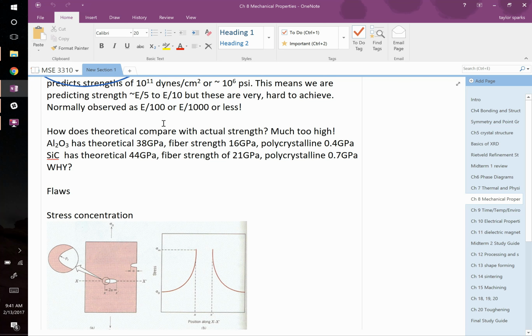But locally, if you have a flaw, the stress actually spikes to some much higher value, right? And so you actually have sigma m instead of the sigma naught that you're applying. Therefore, if you took sigma m and divided by sigma naught, it'll give you some number greater than 1, 4, 5, 10, whatever it is. That's your stress intensity factor, right? So your flaw gives rise to a stress intensity factor that's greater than 1, therefore your material breaks at a much lower strength than you expect.